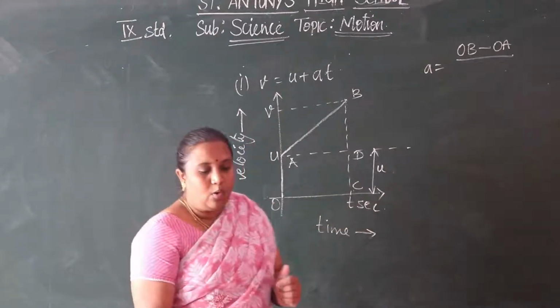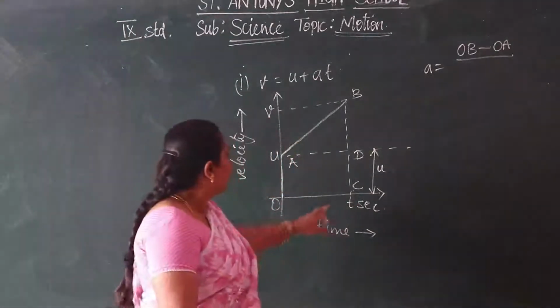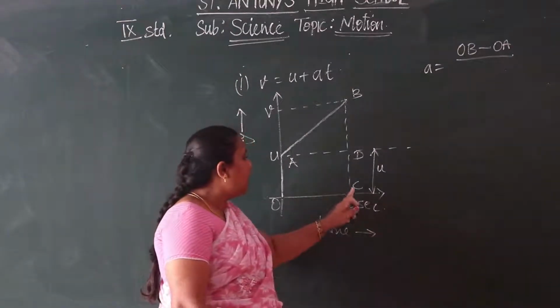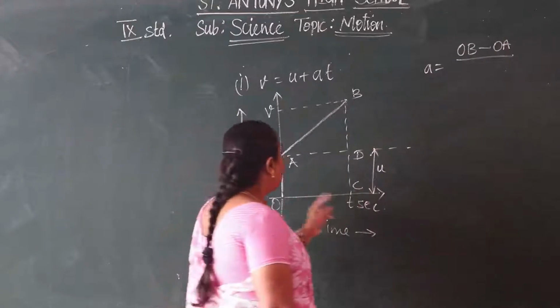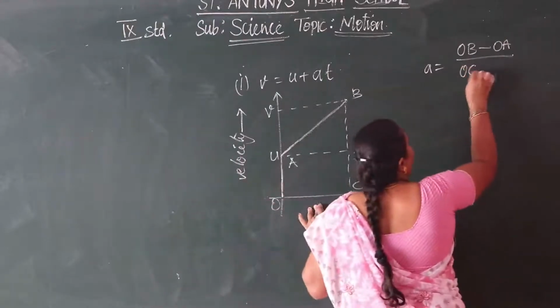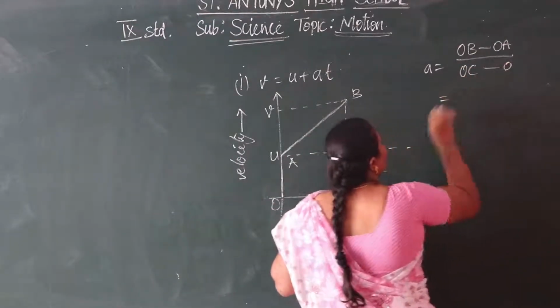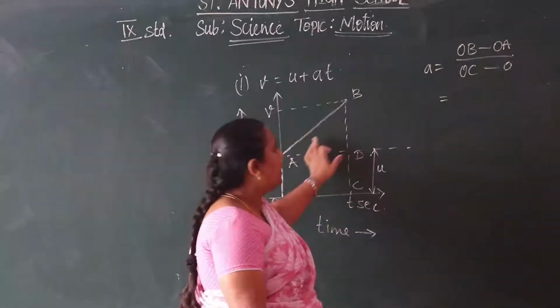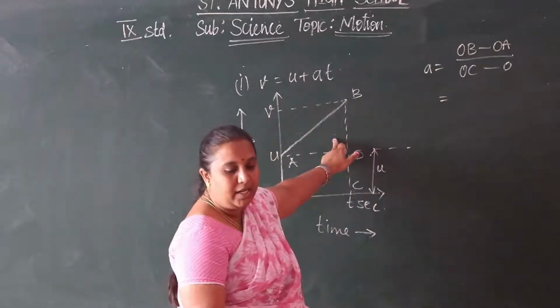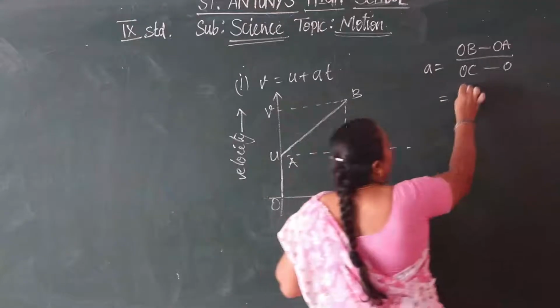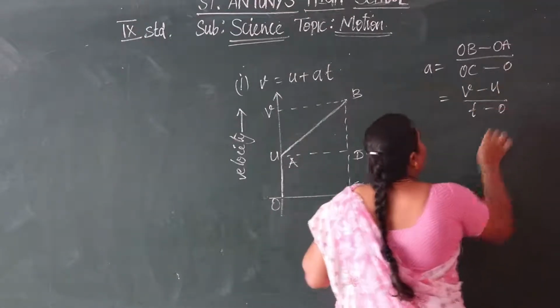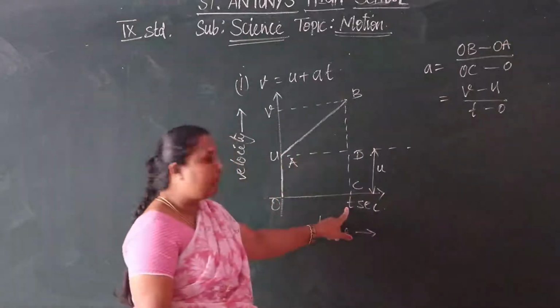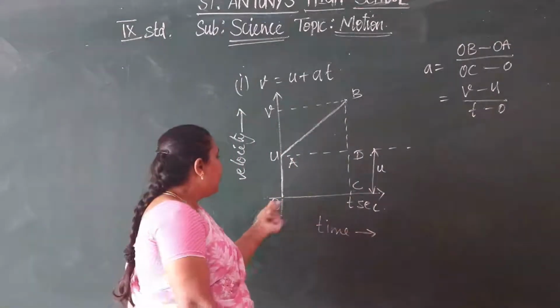The change in time is OC minus 0, since there is no change in time at the start. OB is V, so it is V minus U by T. OC is T seconds, and this is 0 seconds.